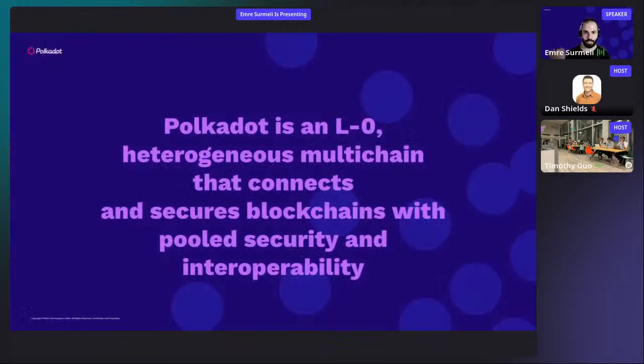So how does Polkadot fit into that? Well, Polkadot is a protocol that is a layer 0 blockchain. It's actually a heterogeneous multi-chain that connects and secures L1 blockchains through pooled security and interoperability. So what does that really mean? Imagine what TCP/IP did for the internet.